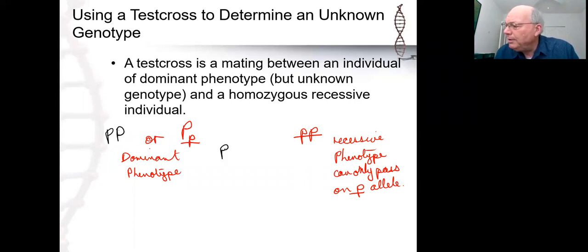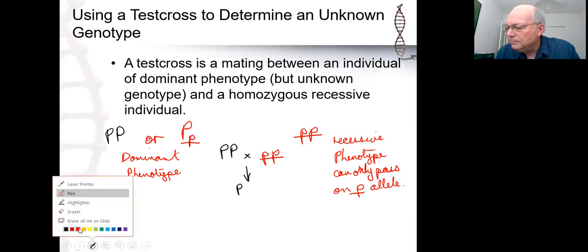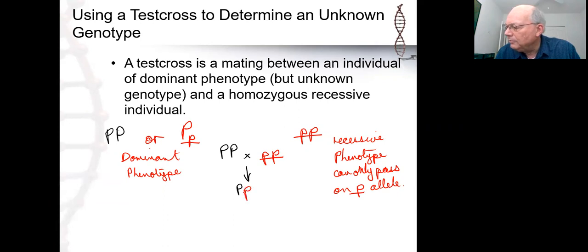So if the parent is big P, then what you're going to wind up with is individuals who are this combination, and they're all going to be purple.